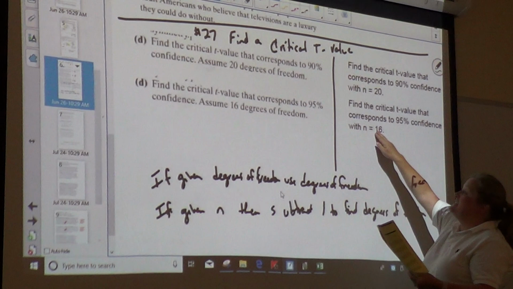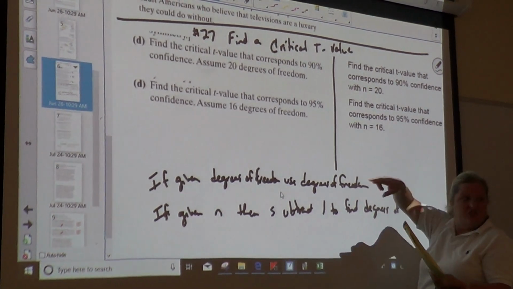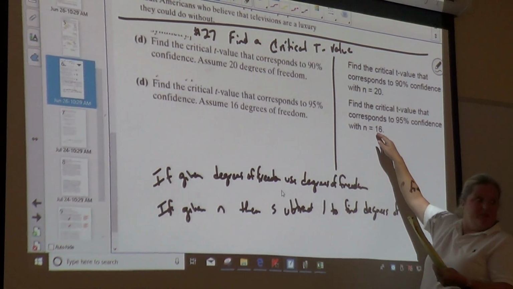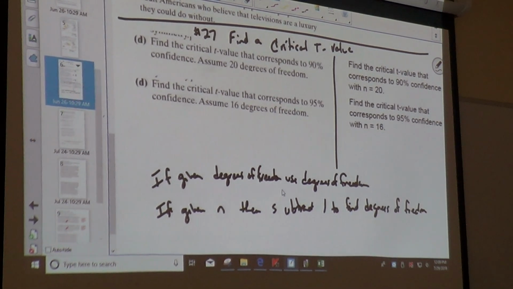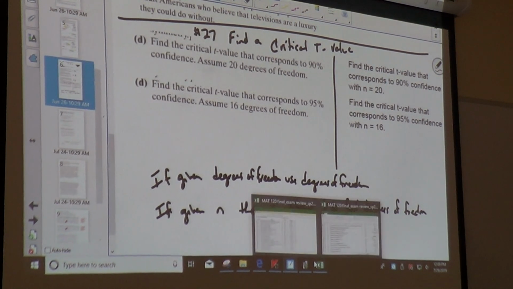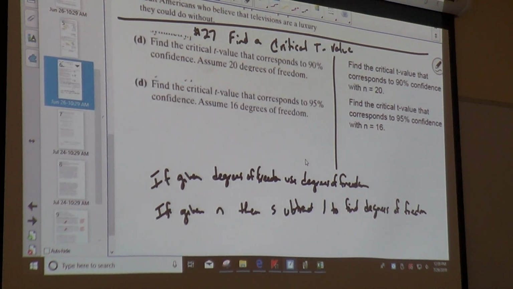So if this is 16, you'll do 16 minus 1. So your degrees of freedom here would be 15. So let's start with that one right there.